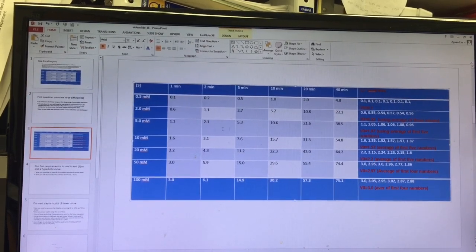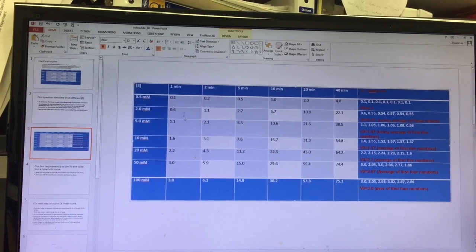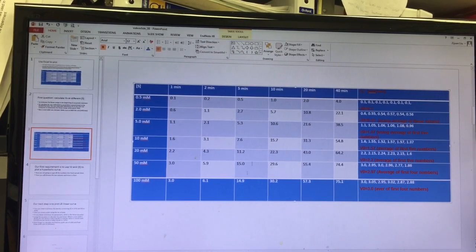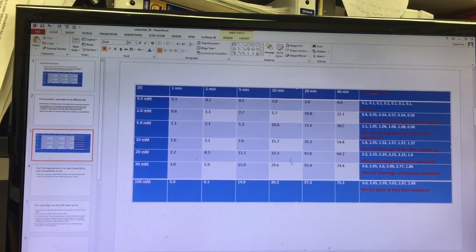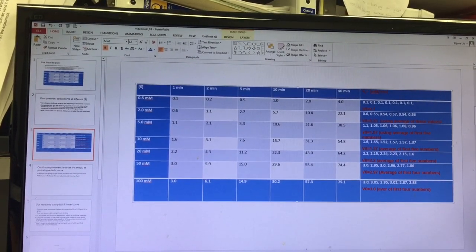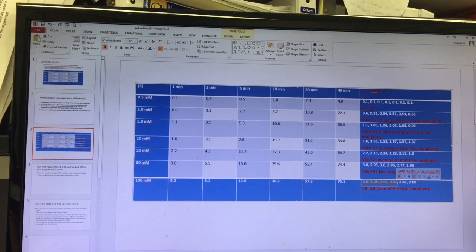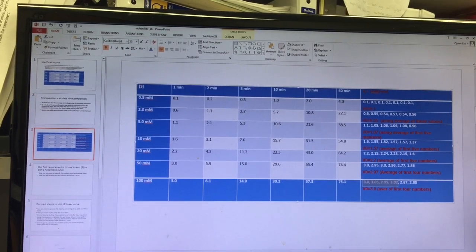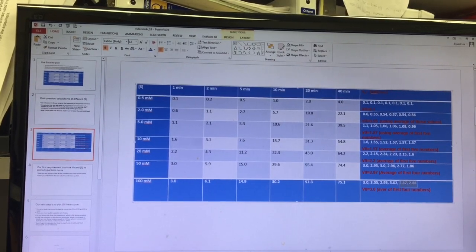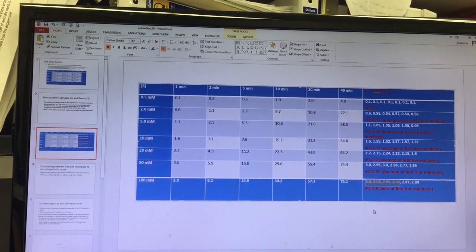Basically, what you want to do when calculating initial velocity is find the initial velocity for each time scale, and then take the closest ones and find the average. In this case, only 4 of them were close to each other. There might be a case where only 3 are. So depending on what numbers you have and how close they are, that's what you use to determine your average for your initial velocity.